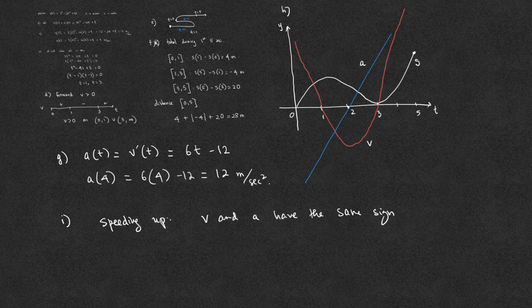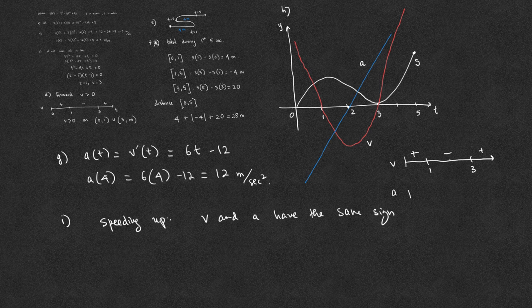It would be easier that way. Or we can look at the graph. If we were to do the sign chart, then we already have the sign chart for the velocity earlier. 1, 2, 3. We know that the velocity is positive from 0 to 1, negative from 1 to 3, and positive from 3 to infinity.